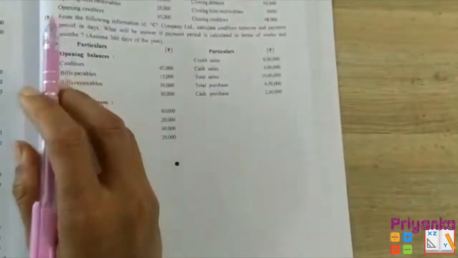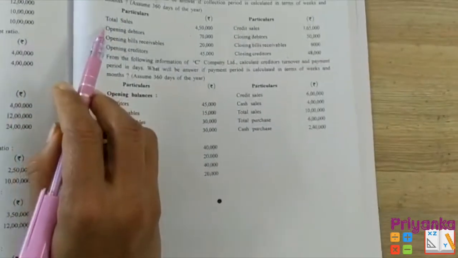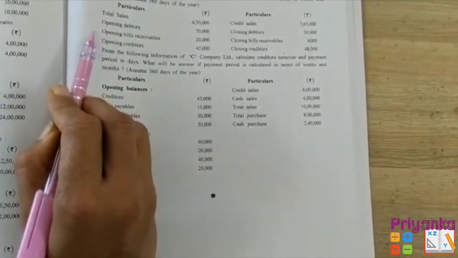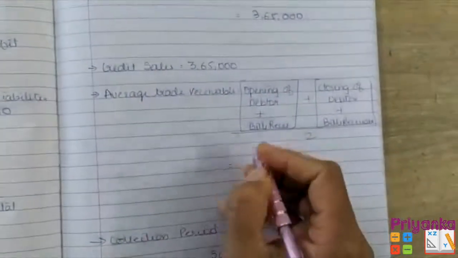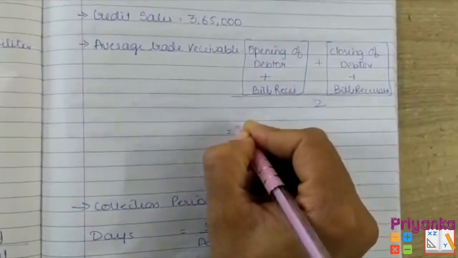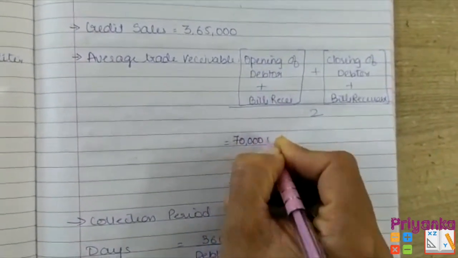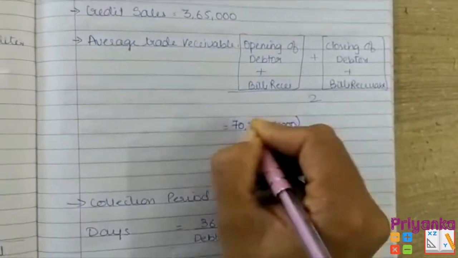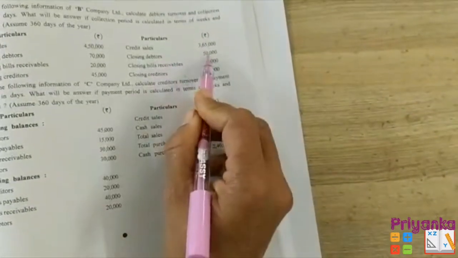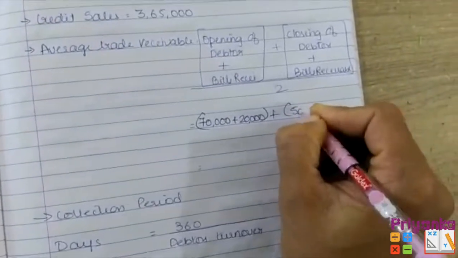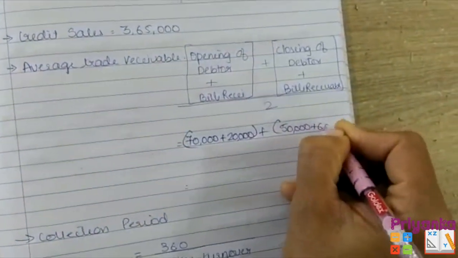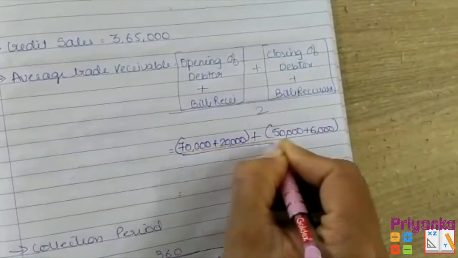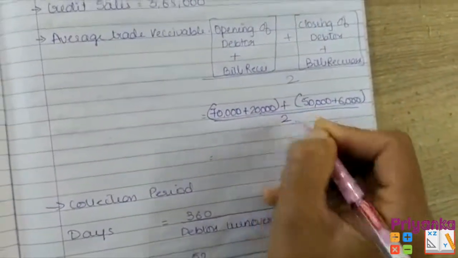To find the average trade receivable, we'll take the opening debtors 70,000 plus opening bills receivable 20,000, plus closing debtors 50,000 and closing bills receivable 6,000, then at the end divide by 2.